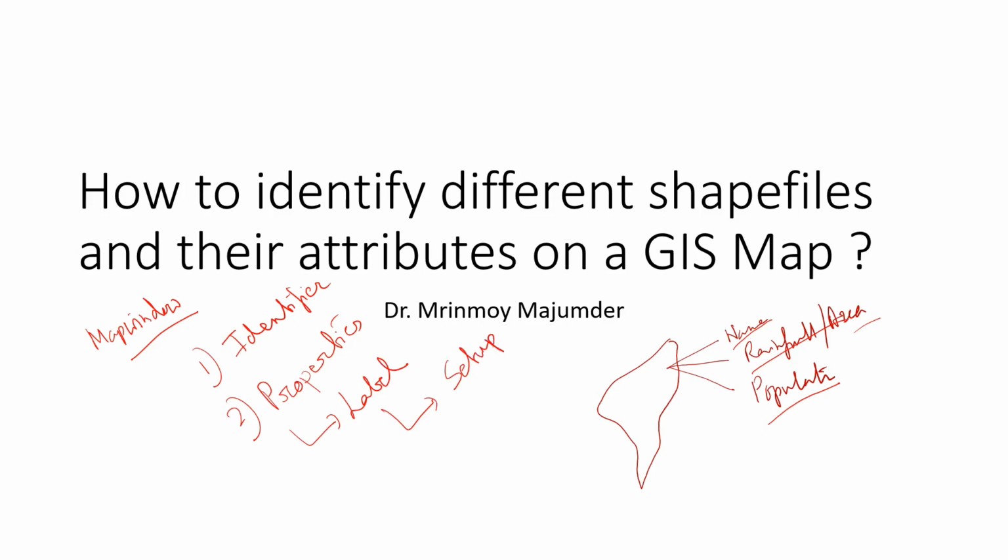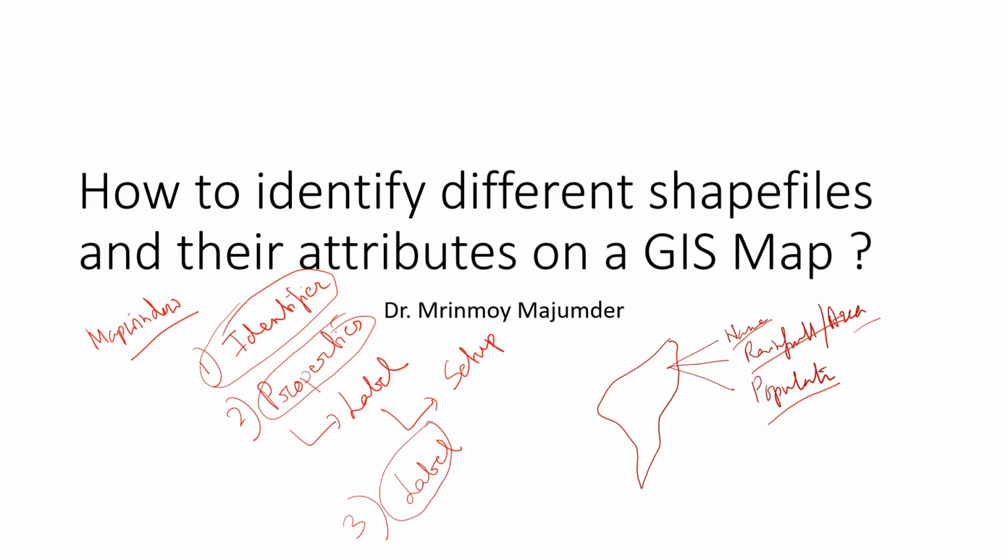I will discuss how to use the identifier, I will discuss how to use this properties menu, and I will also discuss the third method, which is that you have to right click on the container and select the label menu.